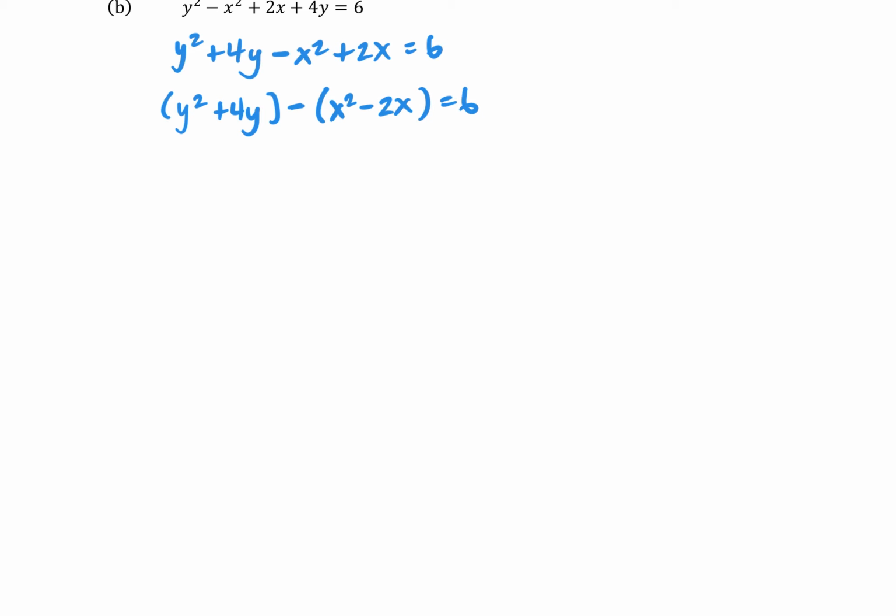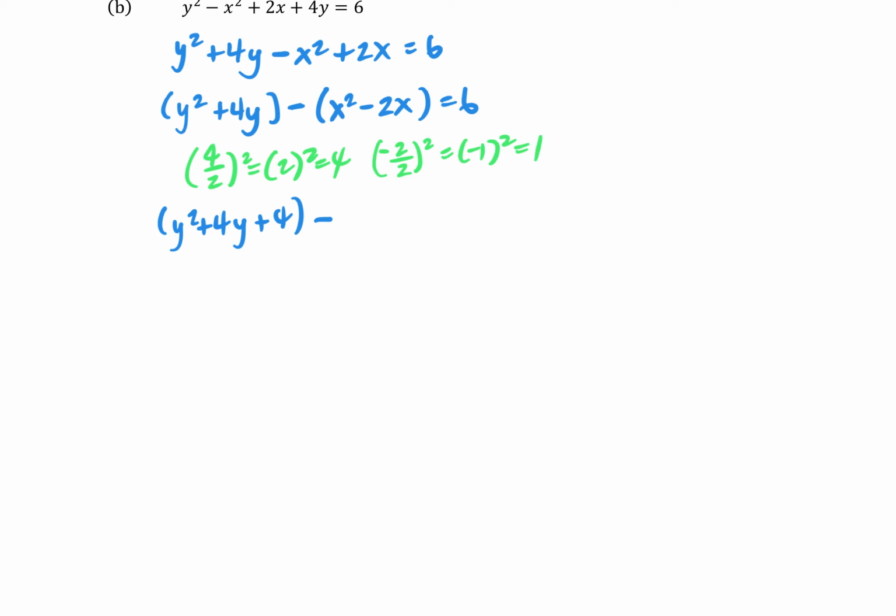And now completing the square, I'm going to take half of 4 and square that, which would be 2 squared, which is 4. And that's what I'll be adding to my y's. Look at this though. There's nothing in front. So when I add this 4, I don't have to worry about multiplying it by some number outside of the parentheses. Now let's look at our x. We're going to take half of negative 2, which is negative 1, and then we'll square it to get a positive 1.